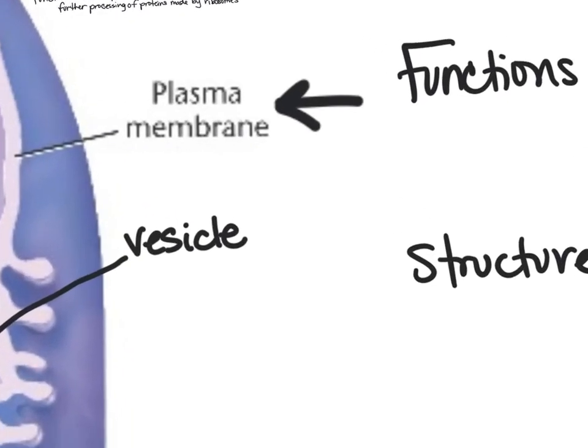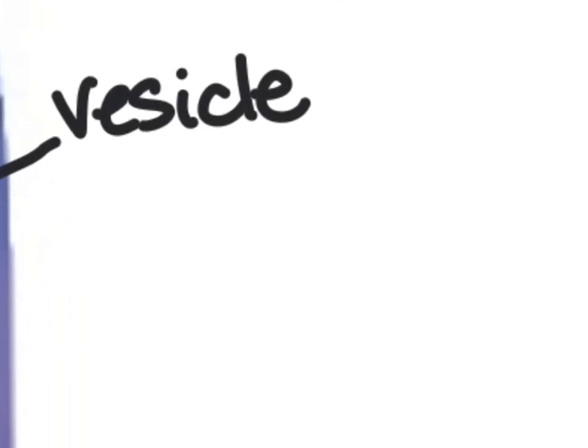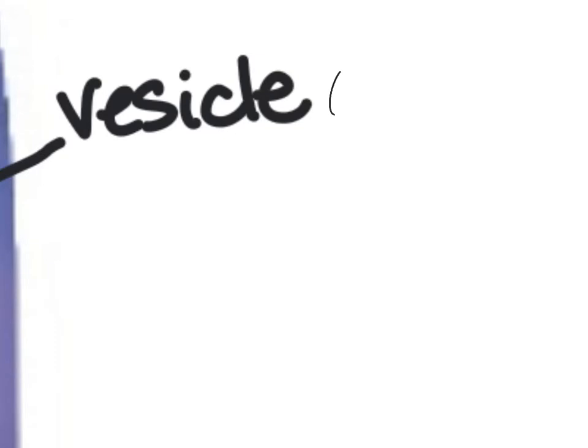So let's take a closer look at the vesicle. Our vesicles are like our trucks in the cell. They're going to be moving things around. So the structure is that they are membrane-enclosed sacs that are going to bud off of the ER, the Golgi apparatus, or the plasma membrane.